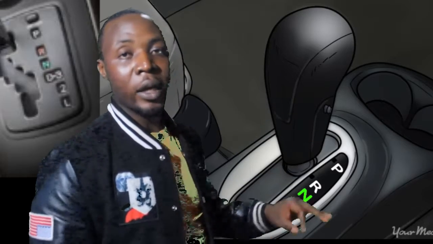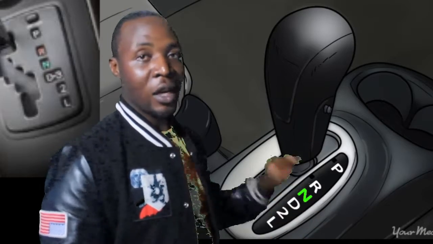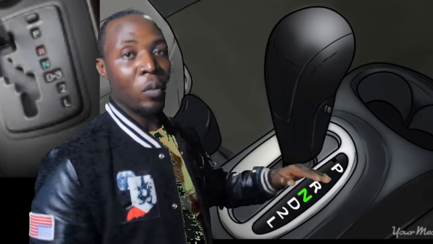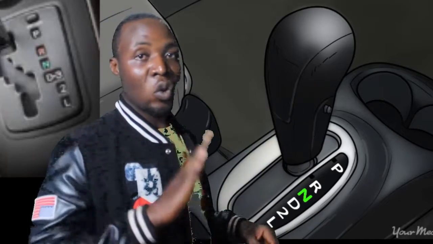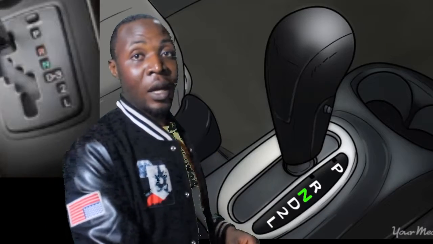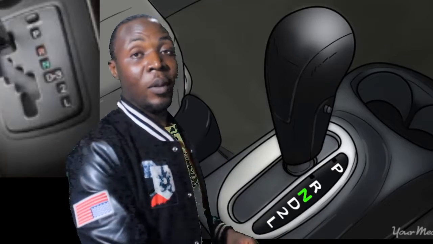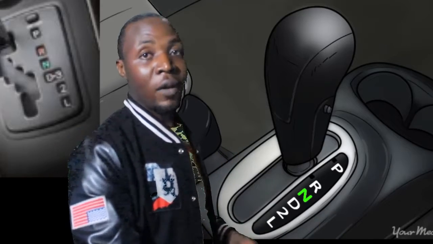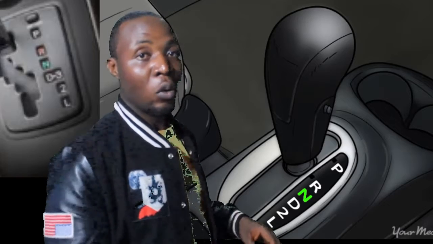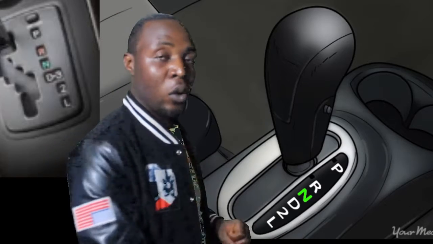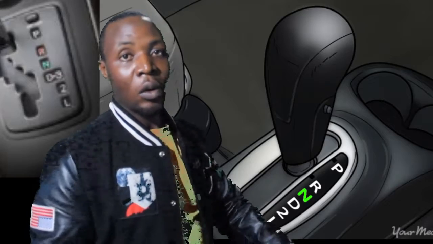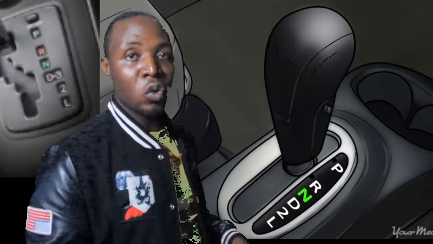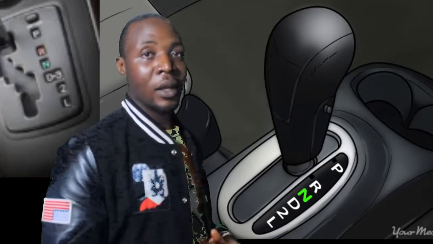You just leave it at D, and you are driving, and the gear will be changing. The gear will increase as you are accelerating. As you increase the level of acceleration, the gear will also increase. When you reduce the level of acceleration, the gear will reduce. So that is how automatic cars work.